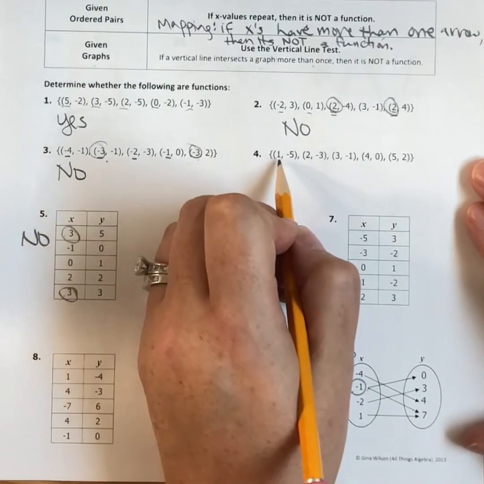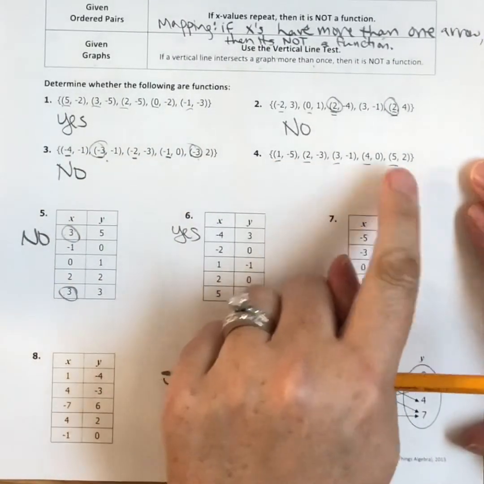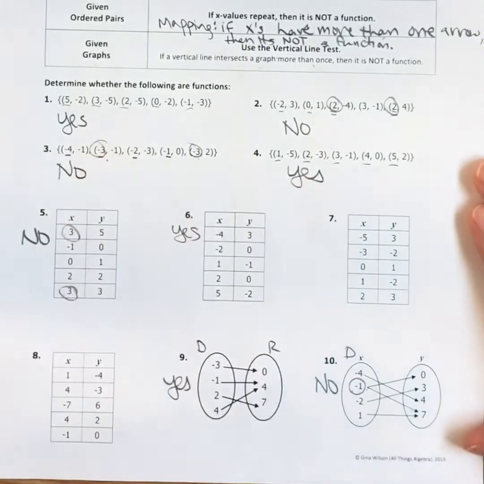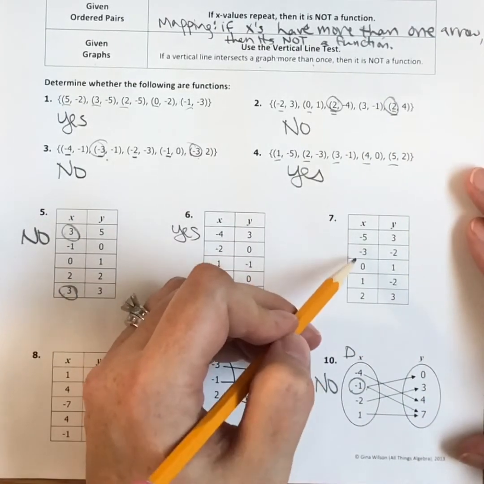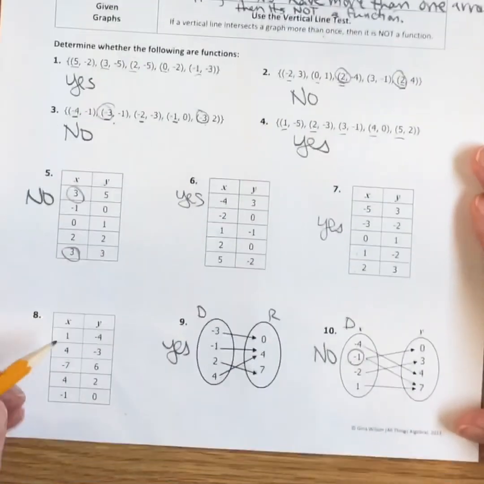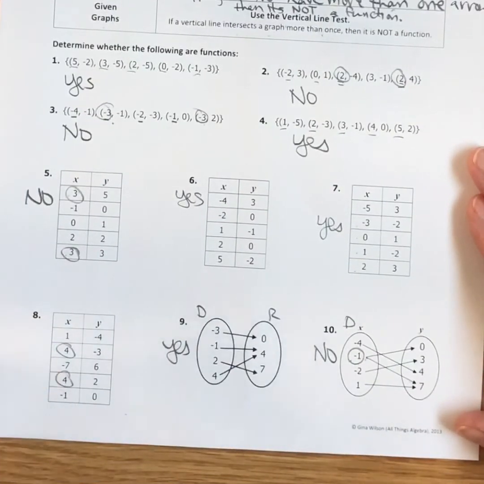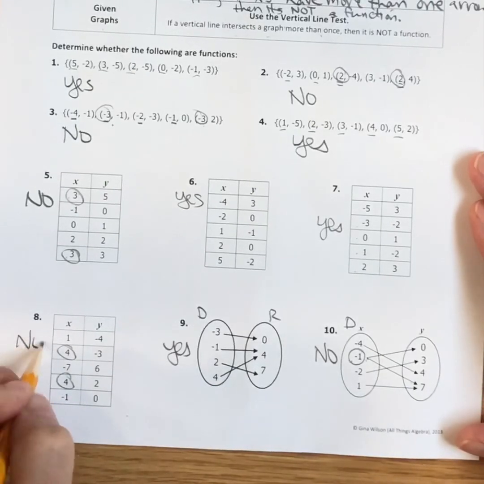So same thing, if we look at all the x's, in fact, 1, 2, 3, 4, 5, none of them repeat, so yes, it's a function, okay? So again, if we find repeating x's, it fails as a function. So over here, none of the x's repeat, so yes, it's a function. And over here, well, automatically I notice those 2 x's are 4s, so it fails, and no, it's not a function.